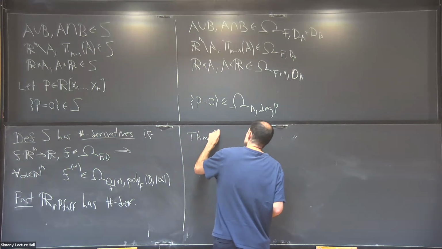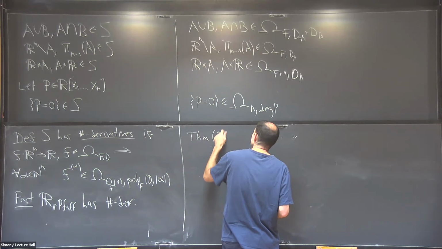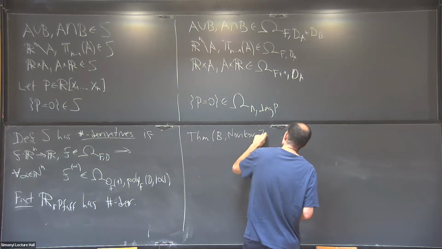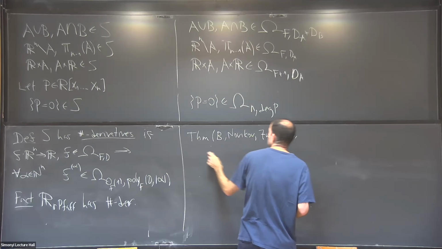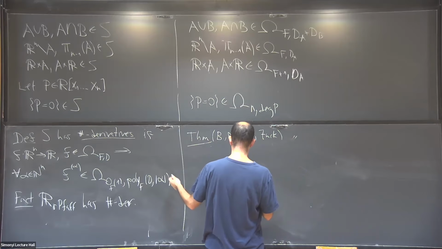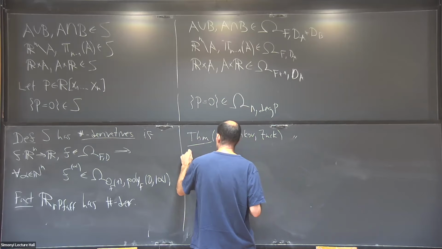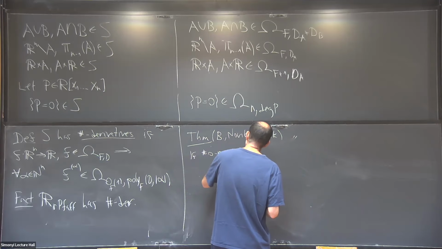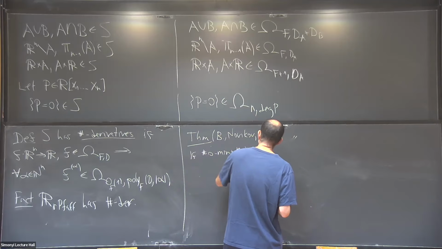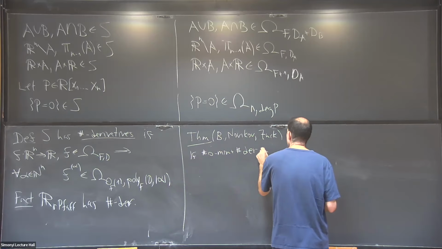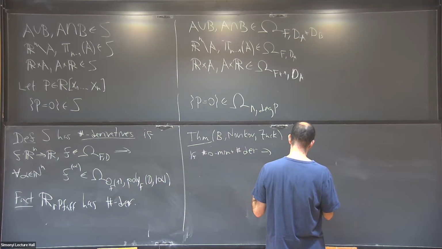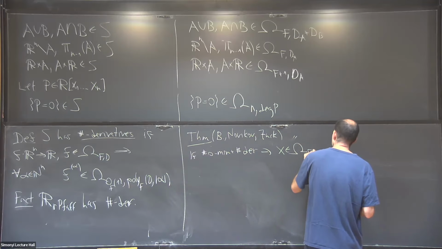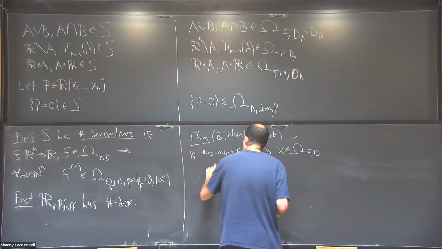So this is a theorem by myself, Novikov, and Zach. So under these assumptions, if we have sharp O-minimality plus sharp derivatives, then whenever X is a set of format F and degree D, we have a bound.